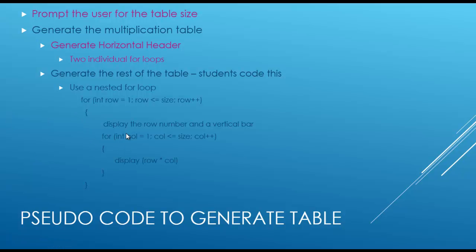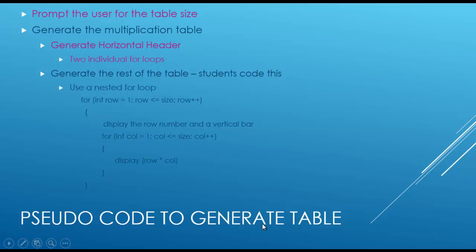So let's take a look at what the pseudocode says, because really this is all it is. So at this point where in your code it says generate the rest of the table, this is what you're going to do. You need a nested for loop, and based on the size, you're going to say for every row in the table, I'm going to display the row number, which would be in the first row 1, and a vertical bar, and that's actually the key above the enter key in most keypads. And then you're going to generate the answers in the middle of the table.